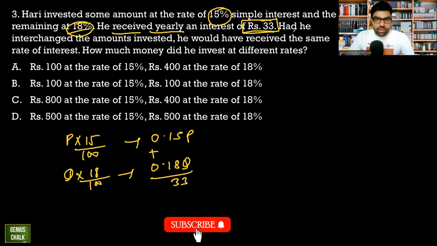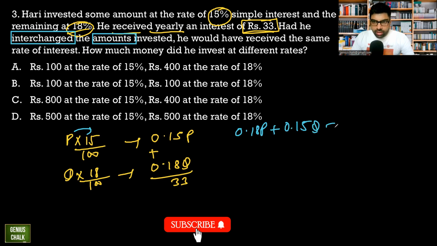And now, second time, what is asked? It said he has interchanged the amounts invested. That means whatever was the value for P, now it will be the value for Q. So what is the value? It will be 0.18P and 0.15Q, and he is getting the same interest that is also given.